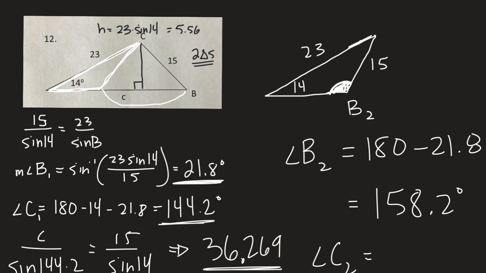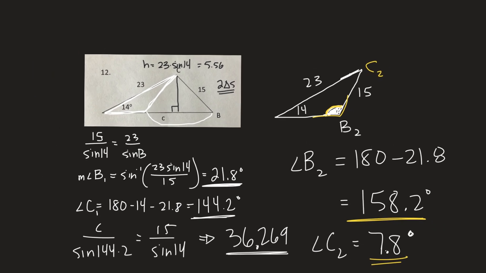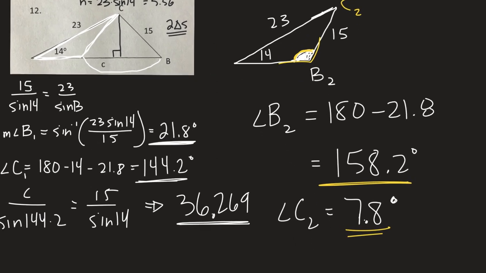So 158.2 and 14, now angle C is a scant 7.8 degrees. Okay, so this is our stuff from our second triangle. There's our second obtuse angle for B now. Here's our angle for C2, a minute 7.8.